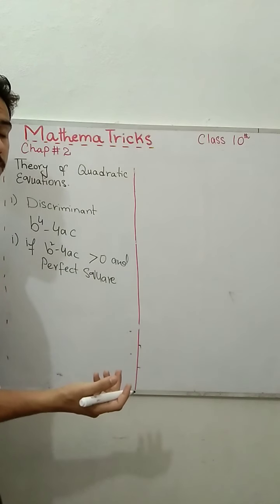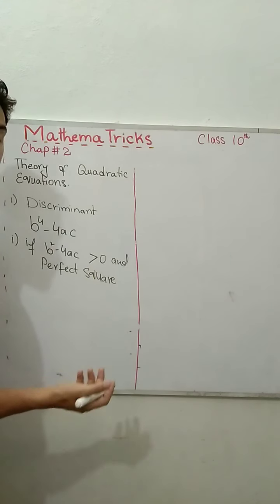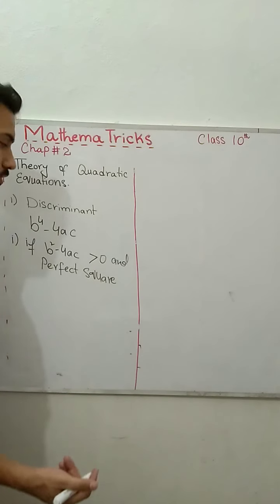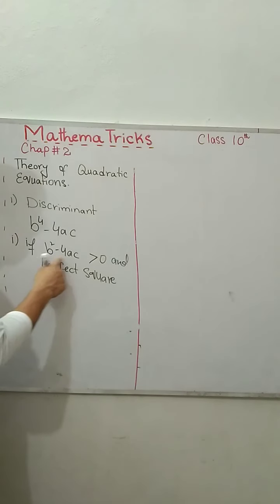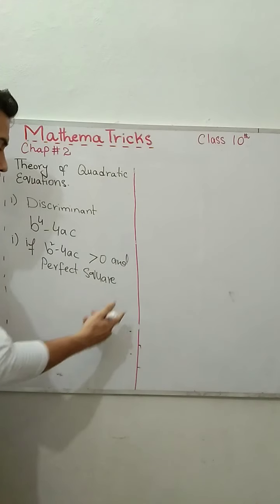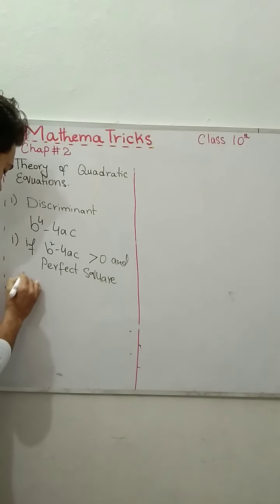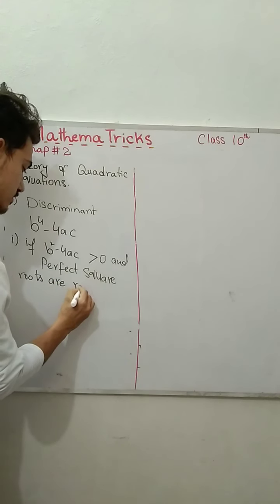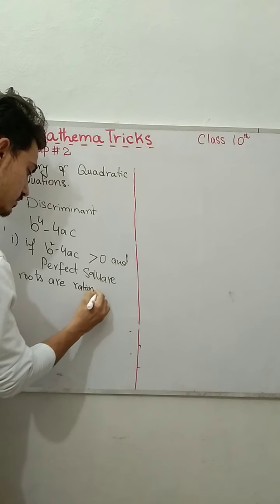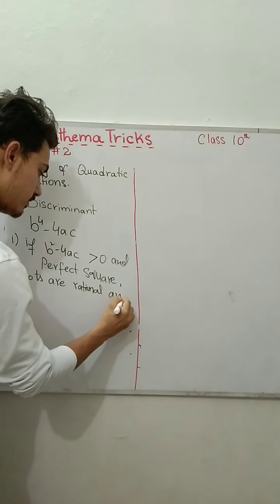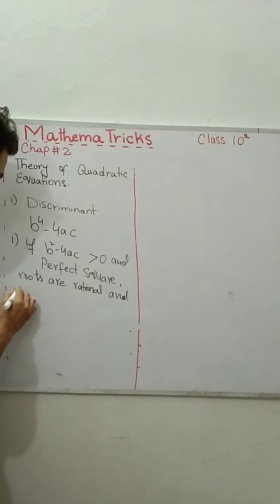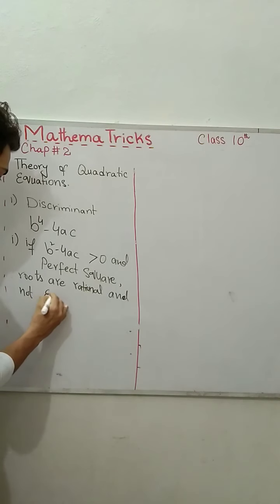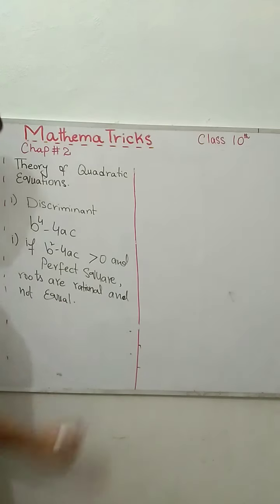Like 4 is a perfect square of 2, like 9 is a perfect square of 3, like 16 is a perfect square of 4. So the first condition: if your discriminant is greater than 0 and a perfect square, then the roots are rational and not equal. It means the roots you will get must be rational and not equal to each other.